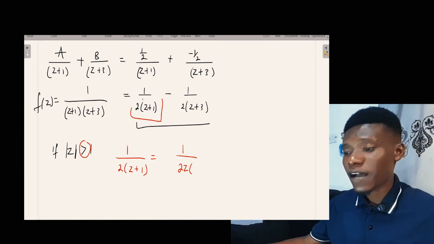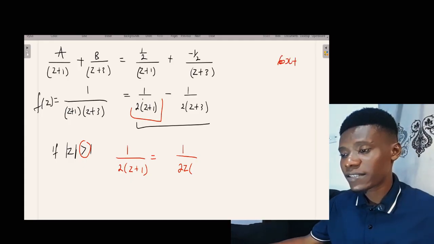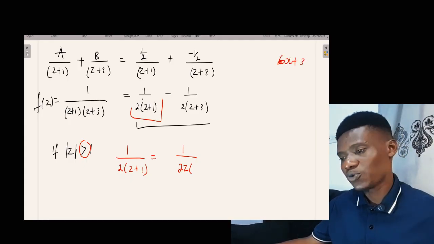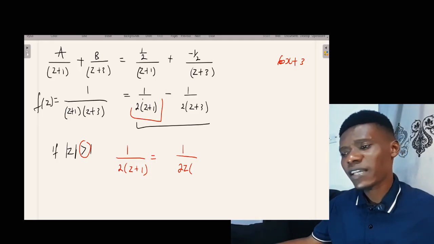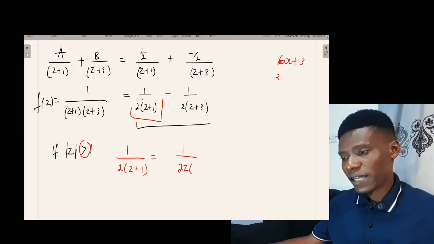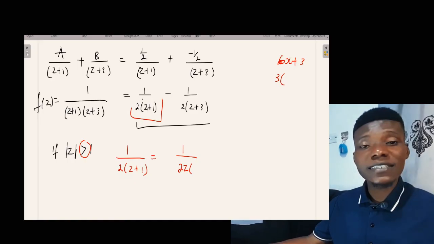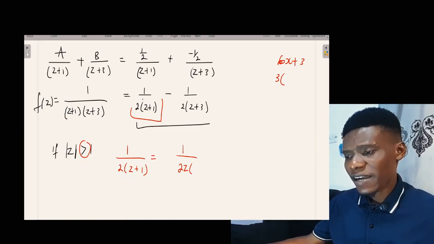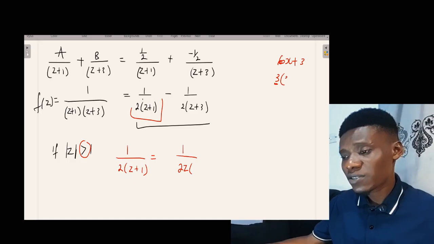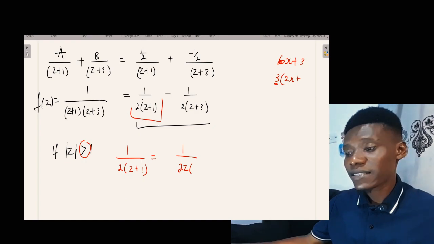Do not forget that if you have something like 6x plus 3 and you are asked to factorize, you look at it and ask what is common between 6x and 3? And then you say 3. How do you generate the numbers inside this part? You say 6x divided by 3, which gives you 2x, plus 3 divided by 3, which gives you 1.